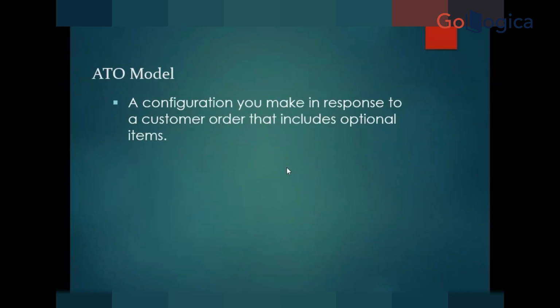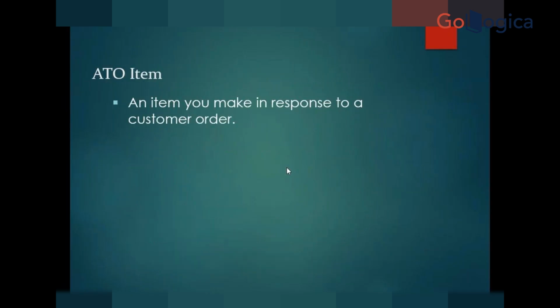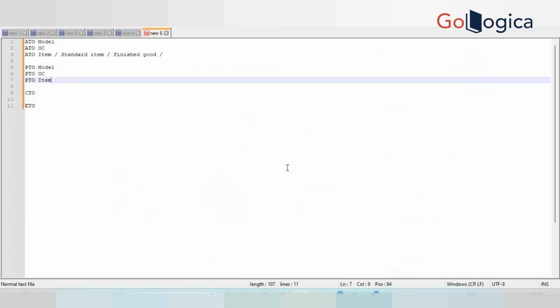Let's start with the ATO model. This is the actual top model that the customer orders from us, and that includes the optional items, whether we need them or not. Then we go to the ATO option class. Just to put it in a hierarchy, to drive this standard item, we will have this option class between the model and the item.